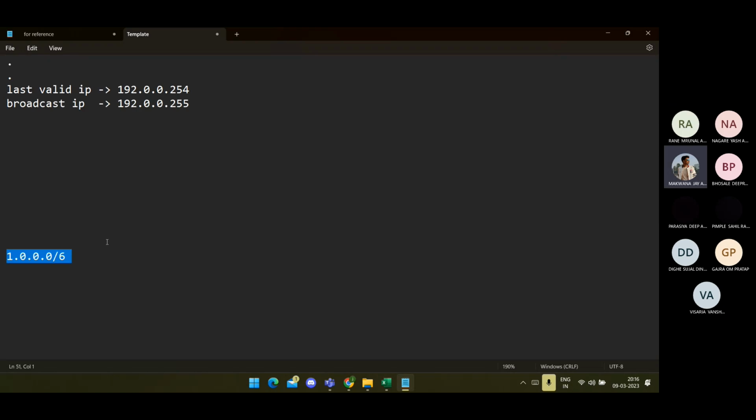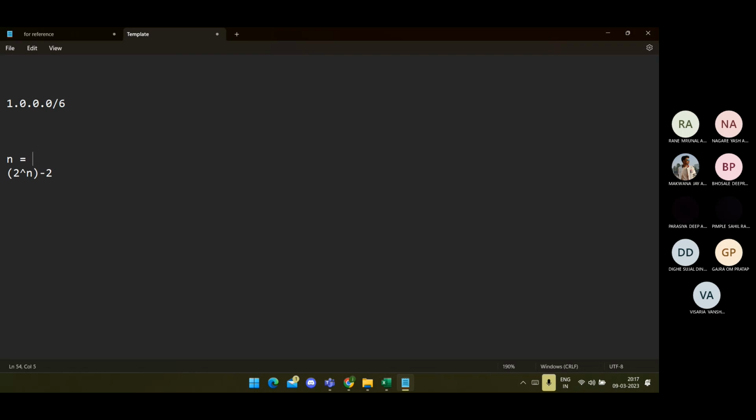To calculate this number of hosts, the formula is 2 raised to n minus 2, right? Now, what is the n over here? N is the host bits. Now, can someone tell me what will be the number of host bits in this IP address?